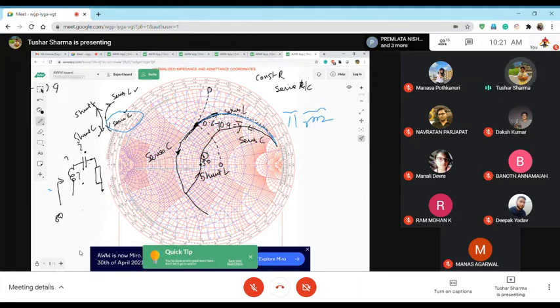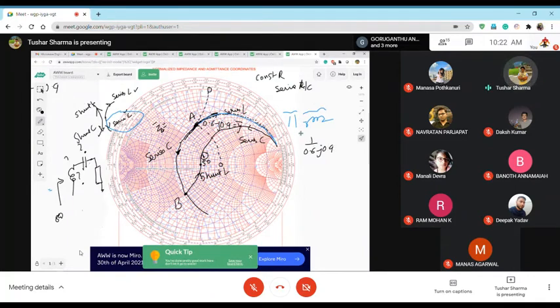So this Y, you need to first sit here and name it as a point. Say this was point A, this is point B. So this is Y, the corresponding Z here: Z at A is equal to 1 over 0.6 minus J0.9.